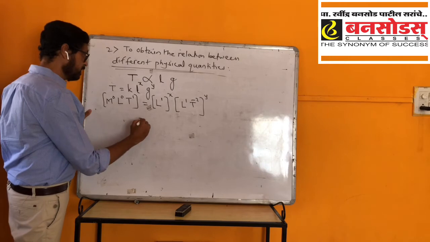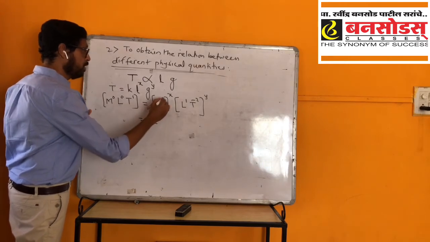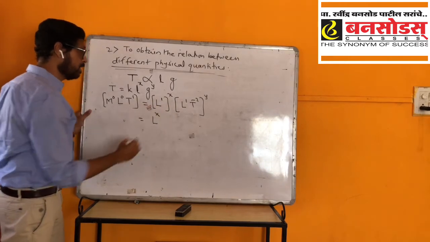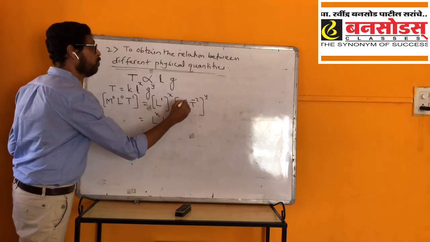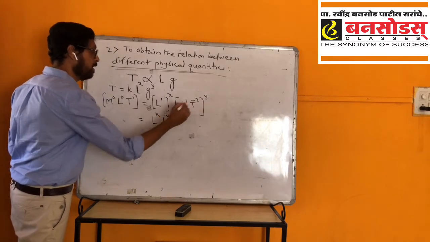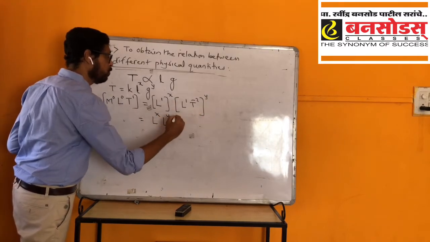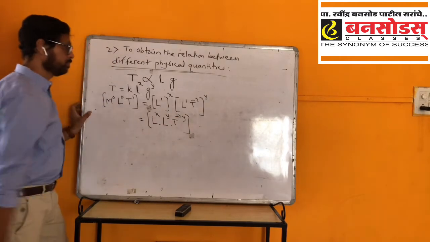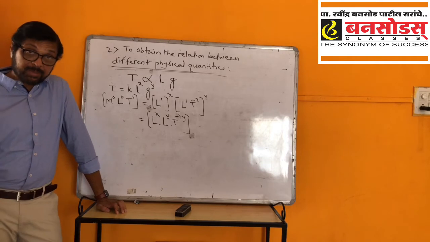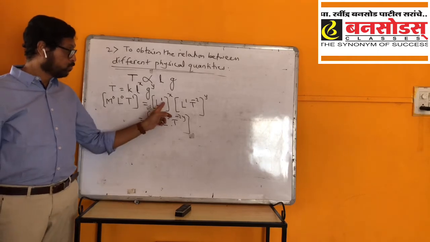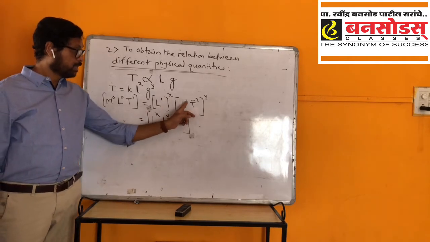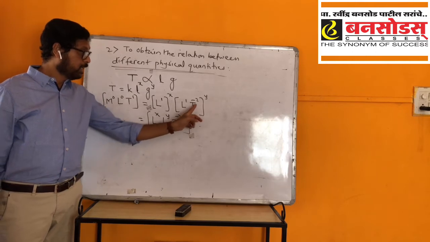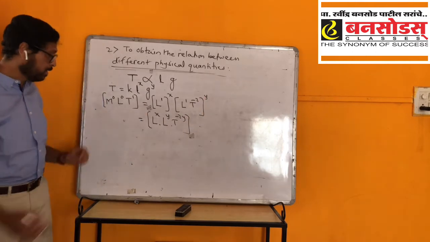So that is equal to L1 into X, that is X, L1 into Y, that is Y, T minus 2 into Y, that is minus 2Y. देख लो बराबर है क्या? L raised to 1 into X, X, L raised to 1 into Y, Y, T raised to minus 2 into Y, minus 2Y.